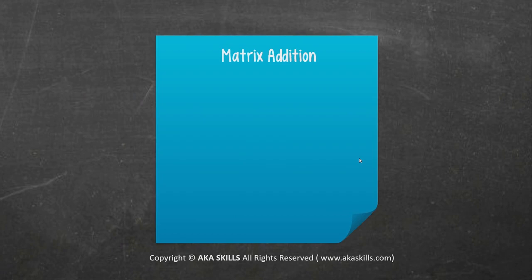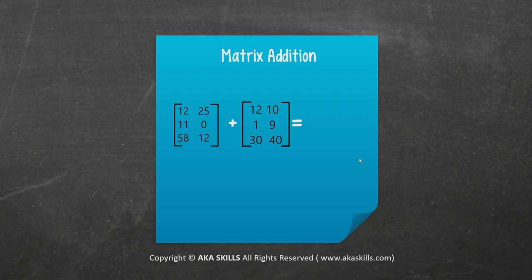Now, some operations that we can do with matrices. The first operation, the most simple one, is addition. If we want to do a matrix plus another matrix, how can we do that? Simply, here is the result. You might be asking, how did we do that?